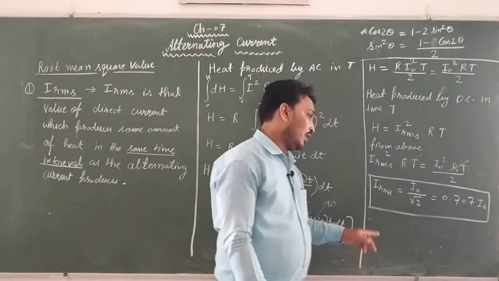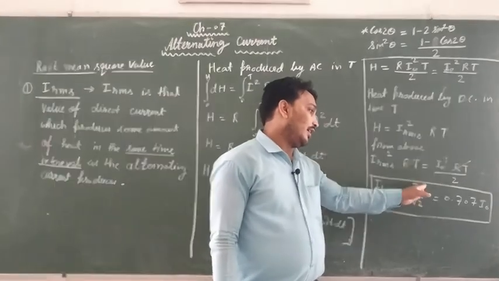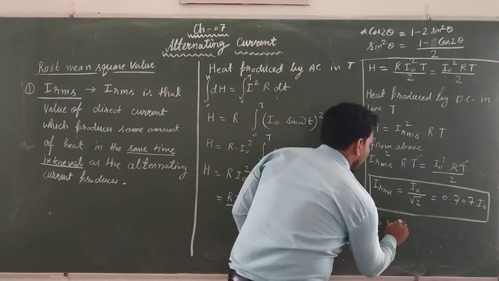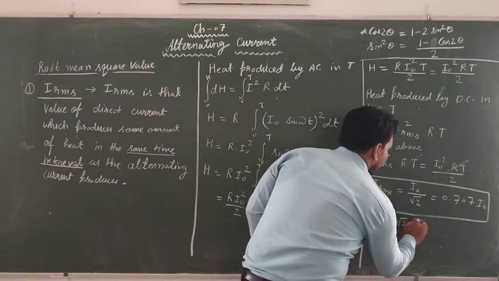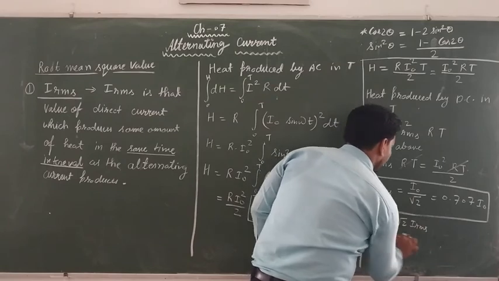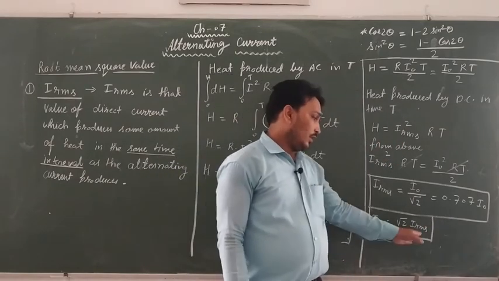It's the RMS current. What is the value of peak current in that case? Root 2 is multiplied: I₀ is equal to root 2 times I_RMS. Is it clear?